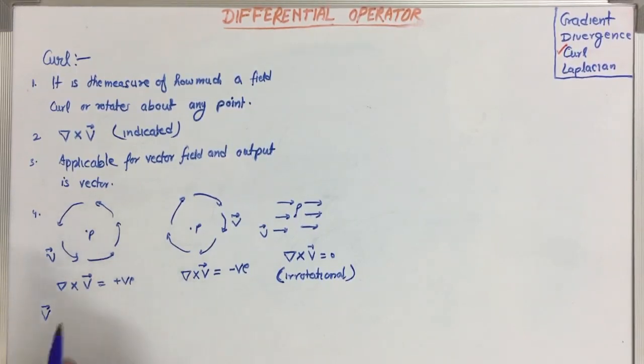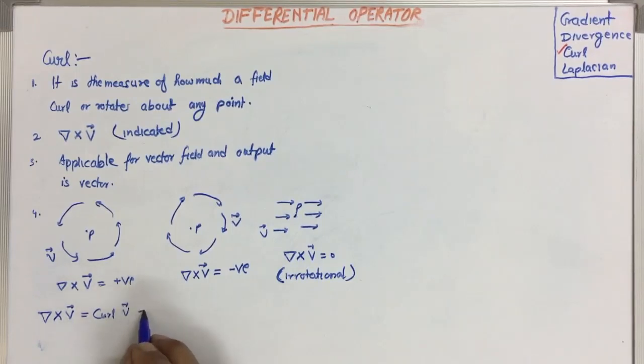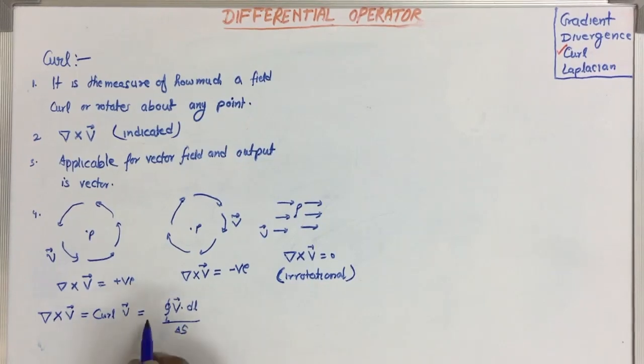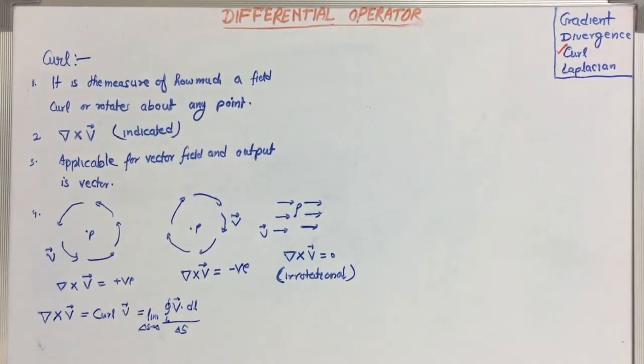So we can say the curl of field V, or simply curl of V, both can be written, is equal to the circulation of field V per unit area as the area tends to 0. This is the definition of curl.